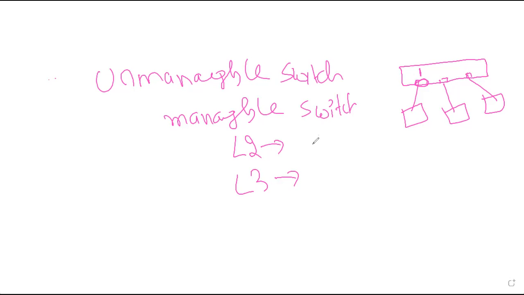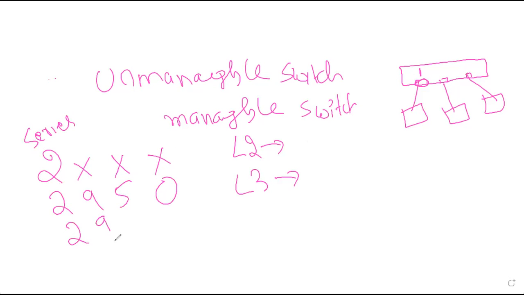So in the earlier stage, like 6-7 years back, there were separate models for layer 2 and layer 3. For example, 2xxx is called a series. Within this series, I have 2950, 2960. These specific numbers we call the models of that series, which are layer 2.